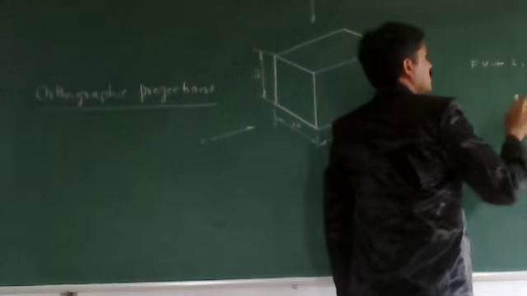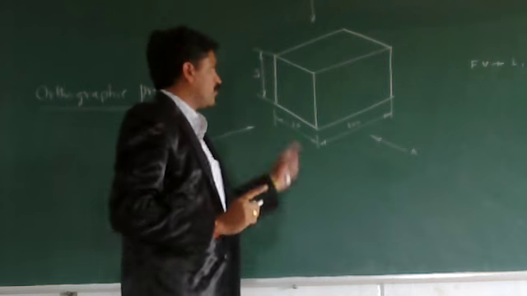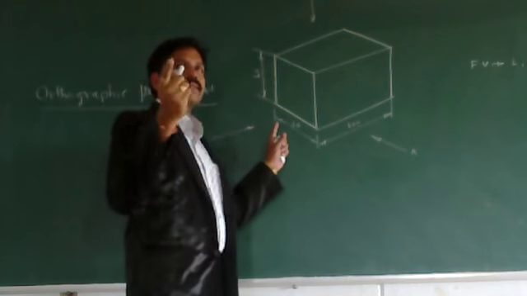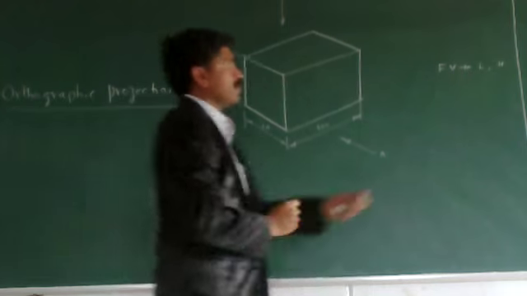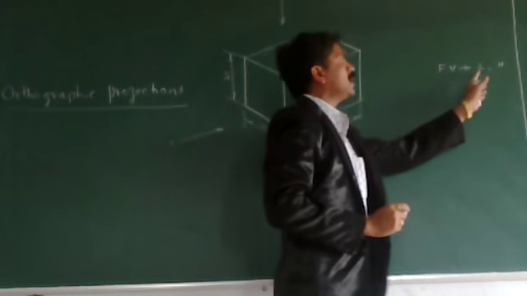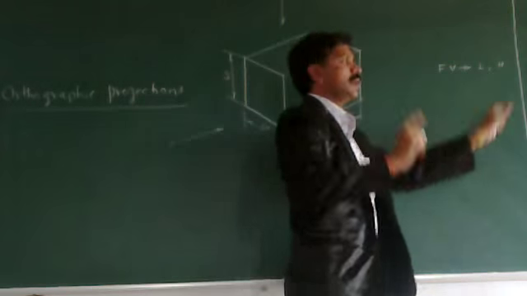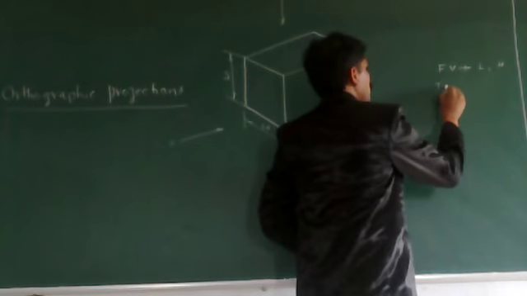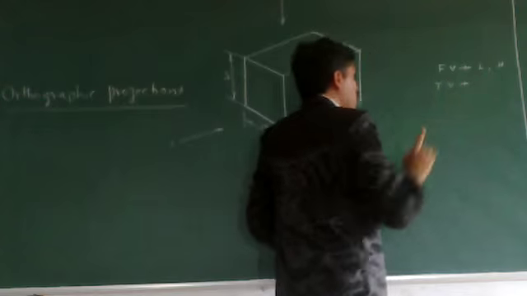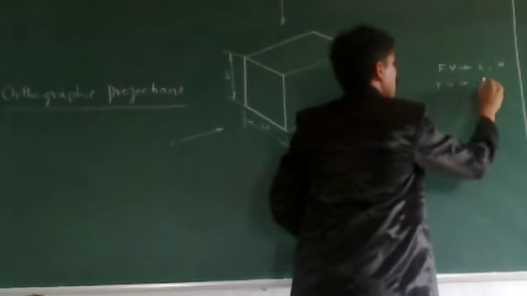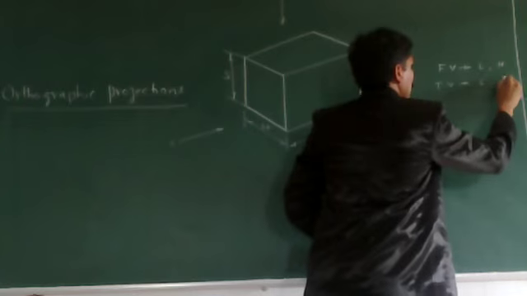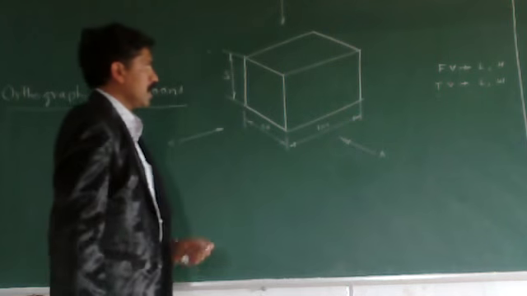Whenever your concentration goes onto the width, you will not get the accurate front view. Next, coming to the top view, we should observe only the length and width. So the dimensions in the top direction are length and width.